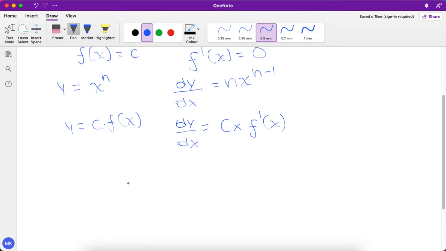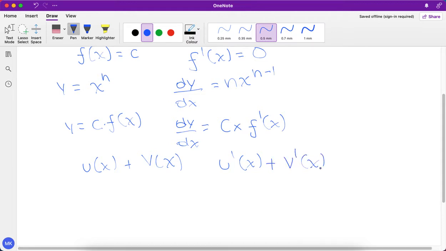Now, if you have two functions, u of x plus v of x, the differentiation of this will be u dash of x, which is basically the differentiation of u of x, plus v dash of x.